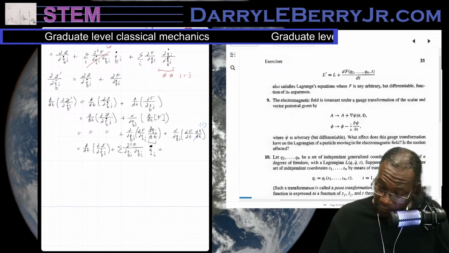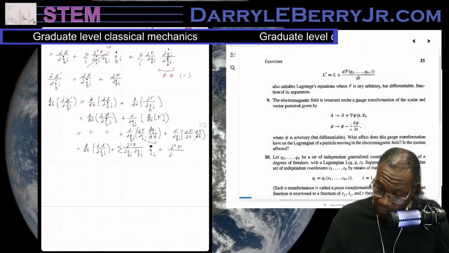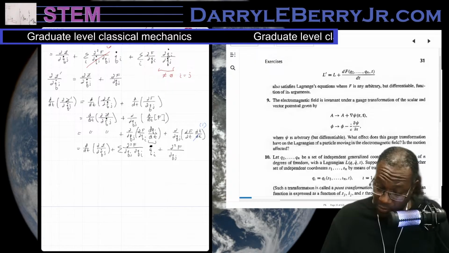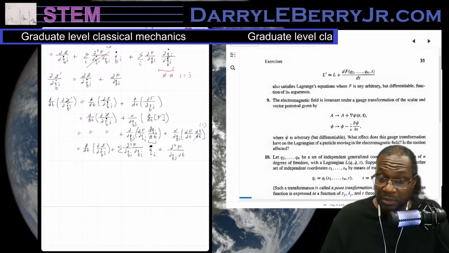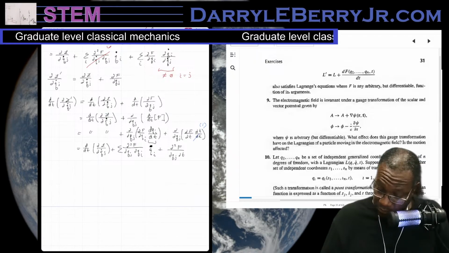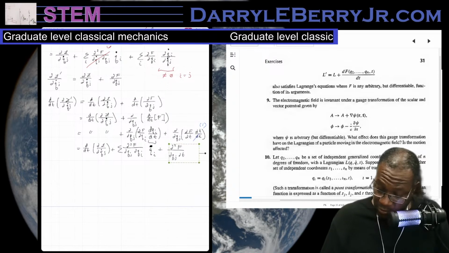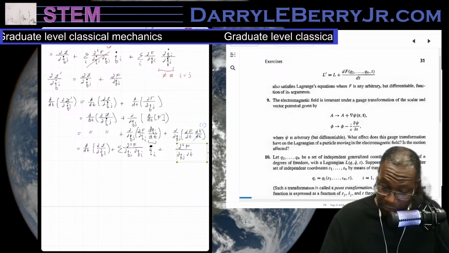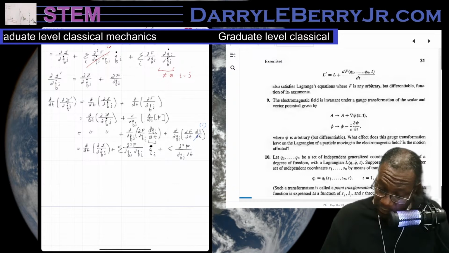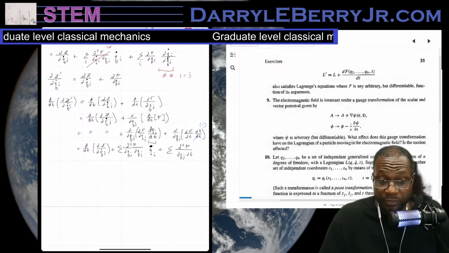So we have partial squared f over partial q_j partial t. And I guess this is still summing over j, or maybe both.